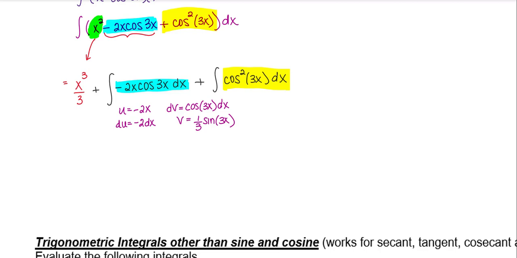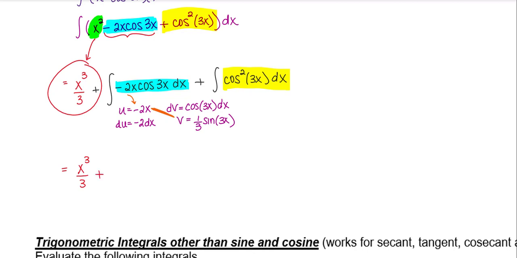Okay, so then this becomes uv, and the reason I put this -2 factor in is because now I don't have to worry about trying to distribute a negative later, and I don't have to worry about trying to remember a 2 or anything later. It's just all already built into the problem. The only thing I kind of am worried about losing here is this x cubed over 3, because that piece was integrated a long time ago.